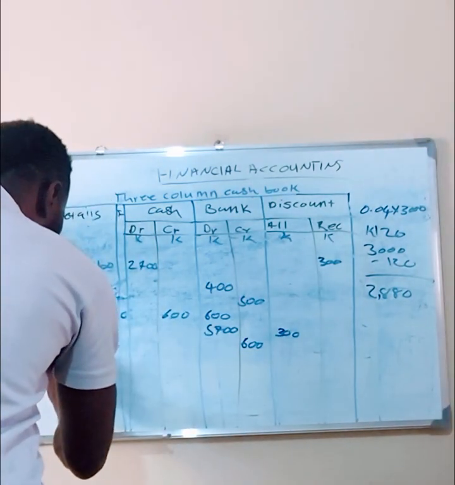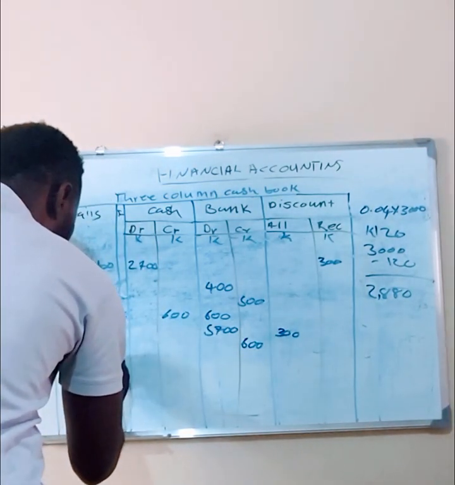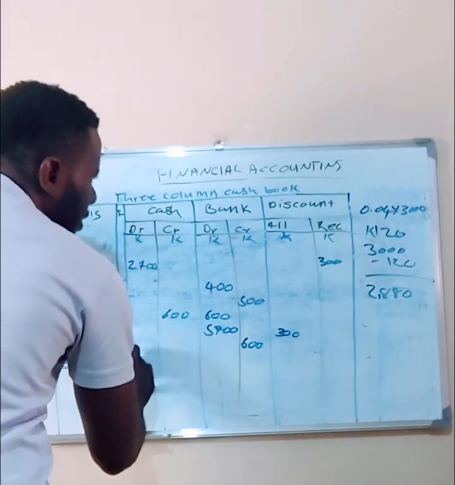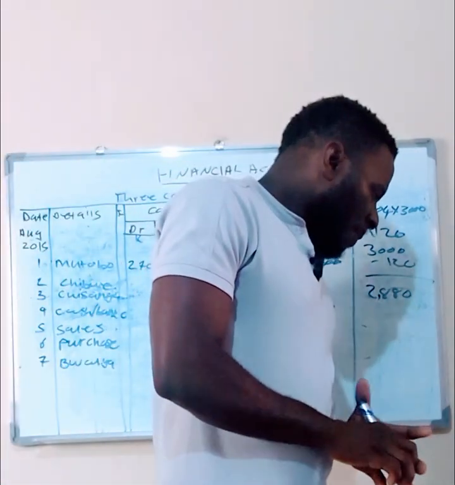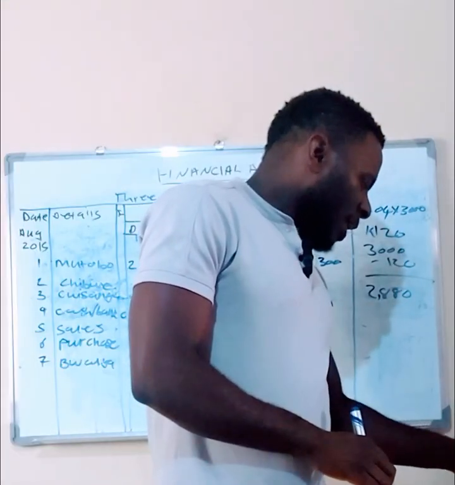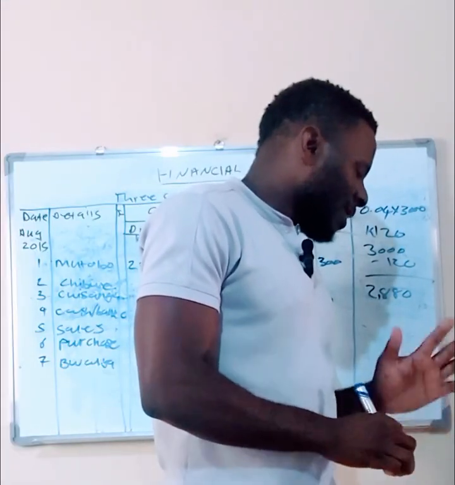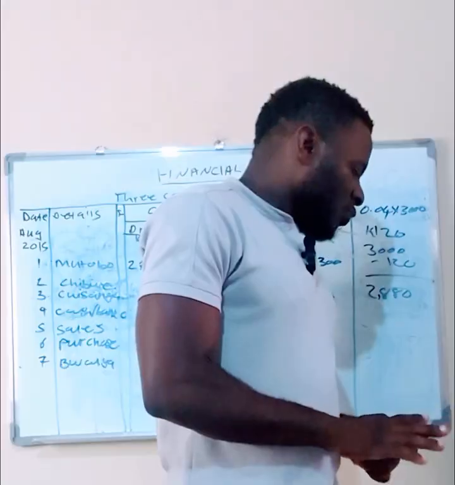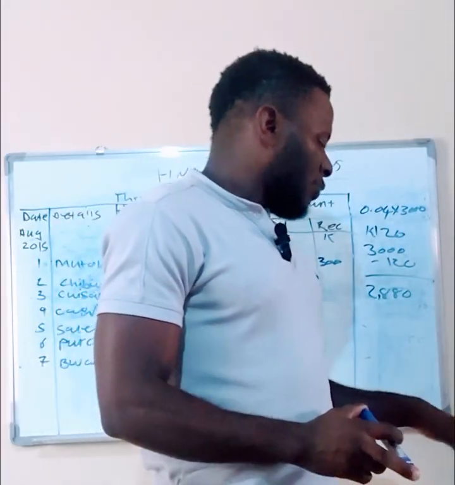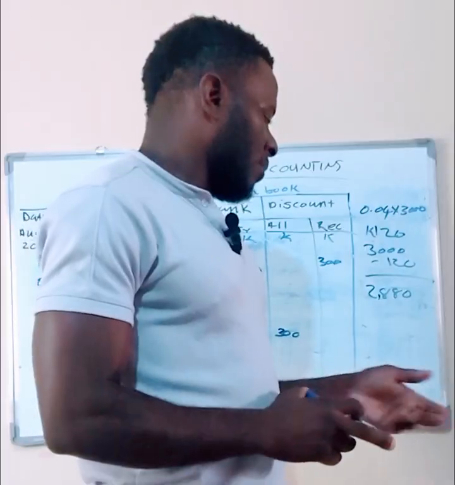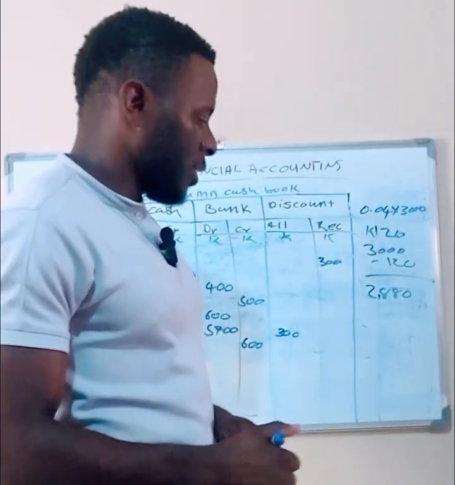To us, this is a gain. So Wadia was paid 3,000 in cash. We paid Wadia, so cash was going out of the business, and Wadia was the one now receiving, under personal accounts.